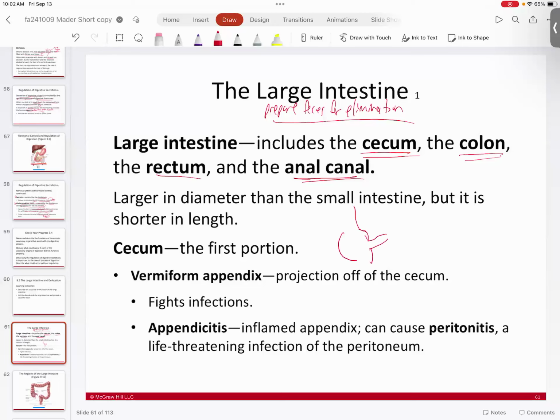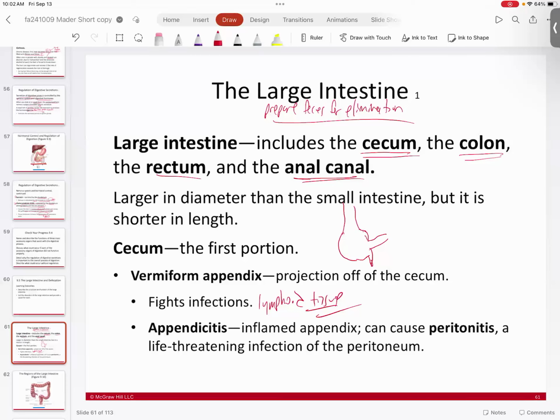And then your appendix is sort of hanging off the end of that cecum. Generally speaking, your appendix is actually part of that lymphoid tissue. So it's part of that lymphoid process we talked about in the previous chapter.